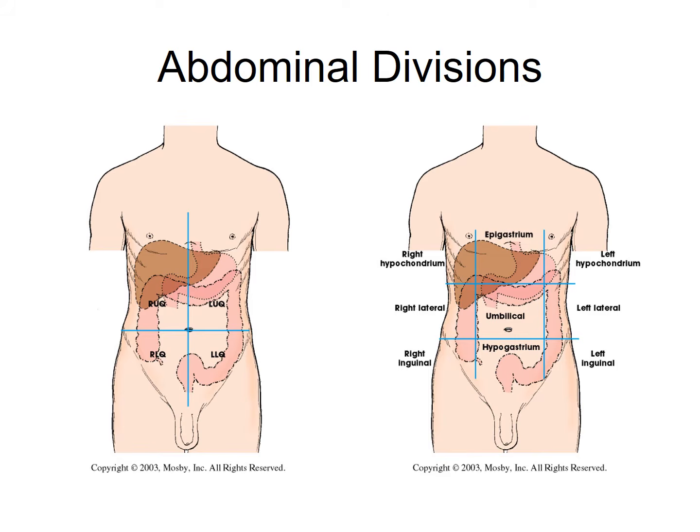Okay, so if you're going to be identifying where pain is for the abdomen, you're going to be using the quadrant system, not the 9-region system. But you do need to know the 9 regions because, like I said, it may be written on a chart. It may say patient is having pain in the left hypochondrium area. So you would know then what area in the body this would be.